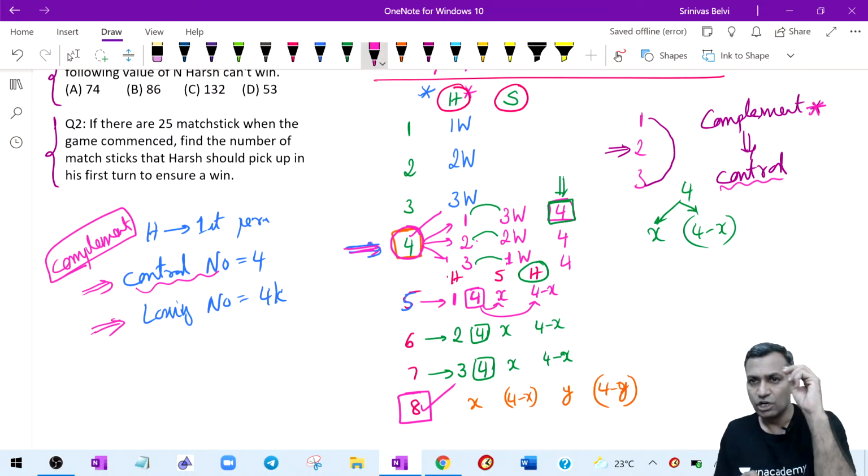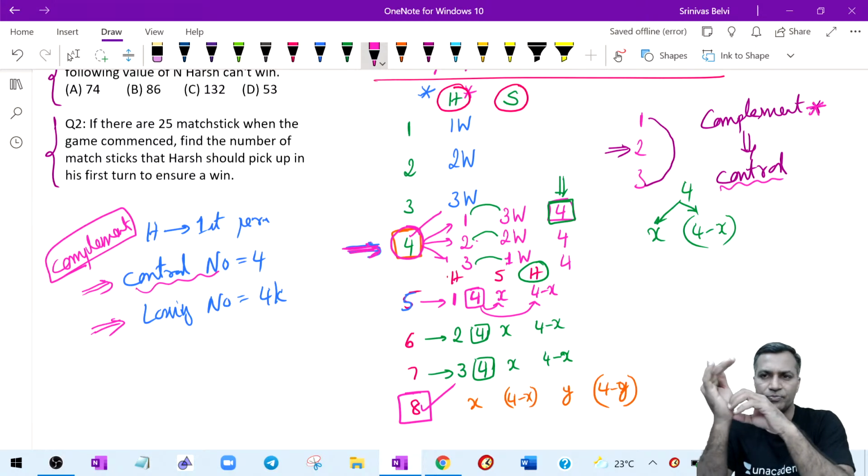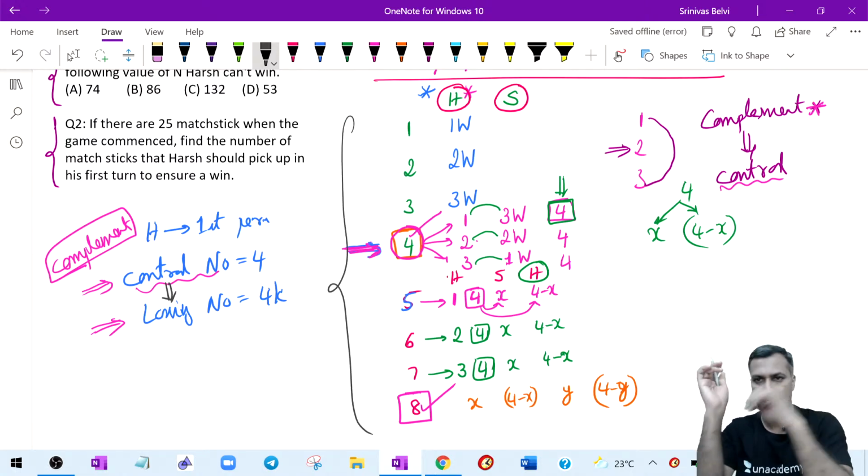You will have a choice. Should I write it for the winning number or the losing number? That's absolutely your choice depending upon the questions being asked. Therefore, I will say that the losing number pattern is easier here. Therefore, the losing number is 4k. Okay, you understood the meaning of control number, everybody? Control number is clear. After control number, you have to arrive at either the winning number or the losing number based on the pattern that you establish.